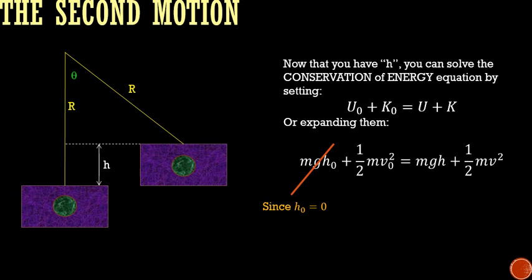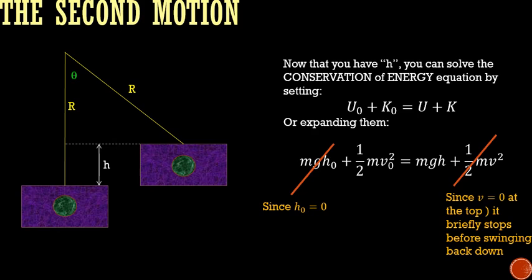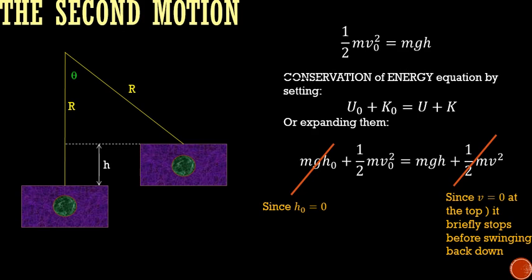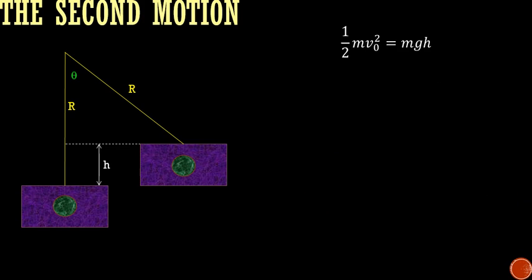Similarly, at the end of its motion, the block comes to a brief stop. So we can cancel out the final kinetic energy because the velocity at the top of the motion equals 0. So now you have 1/2 mv naught squared equals mgh. And what you can do now is cancel out the masses on both sides.